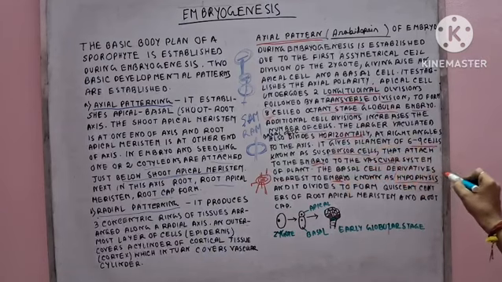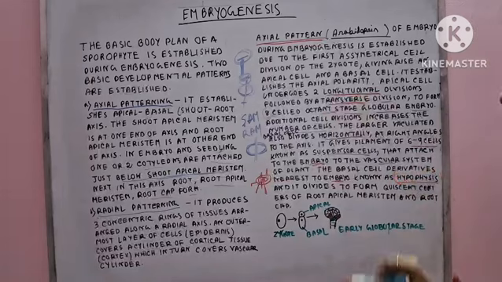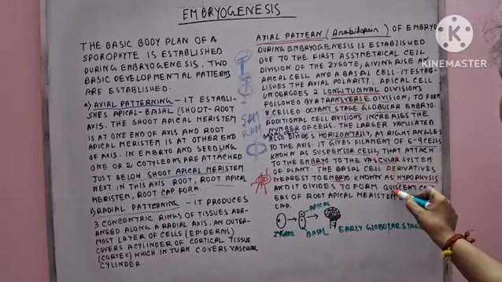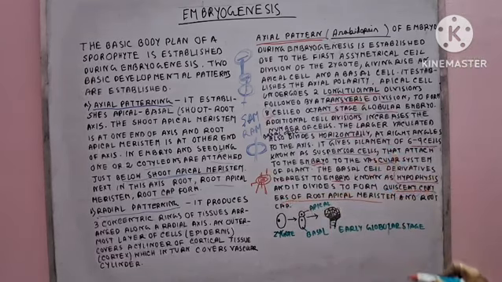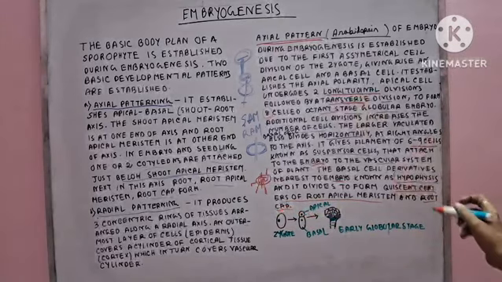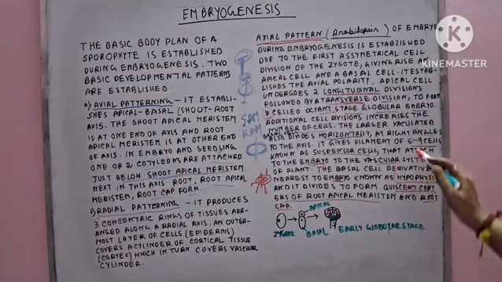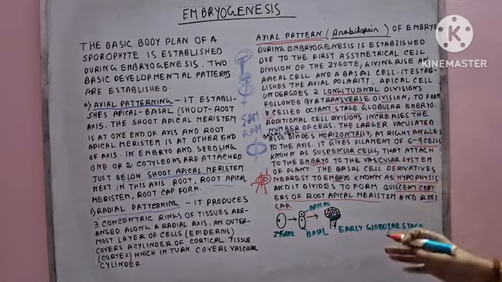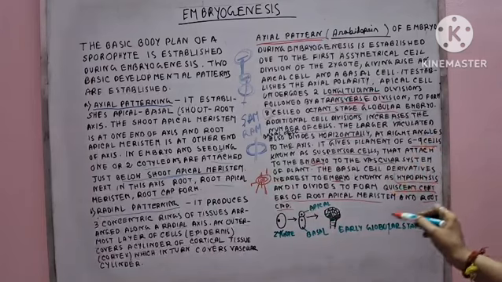And these hypophysis region cells divide to form the quiescent center of the root apical meristem and the root cap. That means the divisions of the cells known as the hypophysis form new cells, which form the quiescent center of the root apical meristem and the root cap.